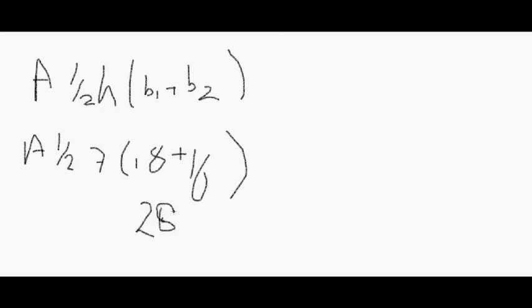So we have 28 times 7. 28 times 7 equals 196. And then 196 divided by 2 equals 98. The area is 98. Alright. Number 57 is base times height, 4 times 3, 12. Area is 12.